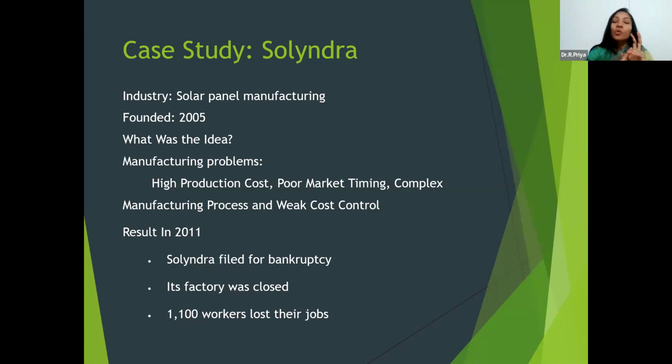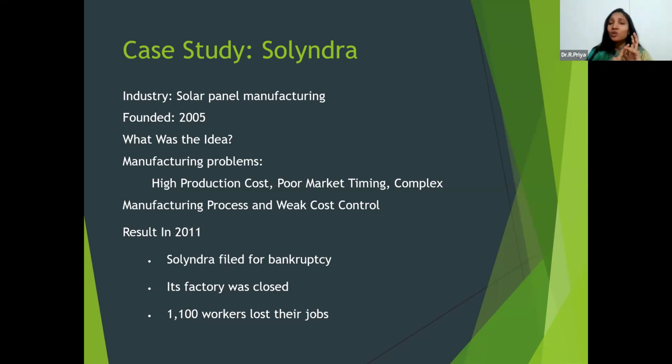The second one is poor market timing. Chinese manufacturers started producing solar panels much cheaper in 2010 or 2011. You know very well about that. The Chinese manufacturing is very cheap, especially for solar panels, making the Solandra product uncompetitive.